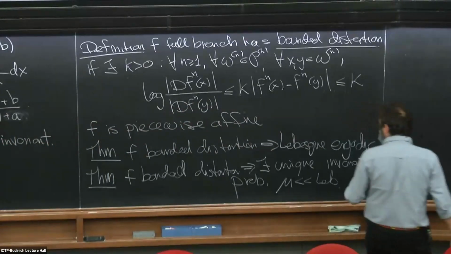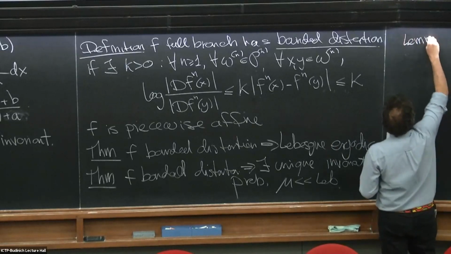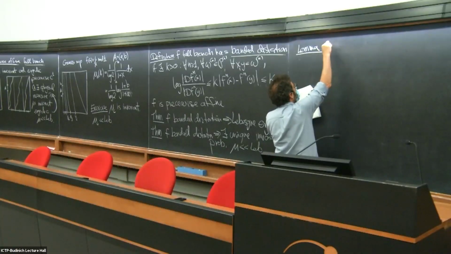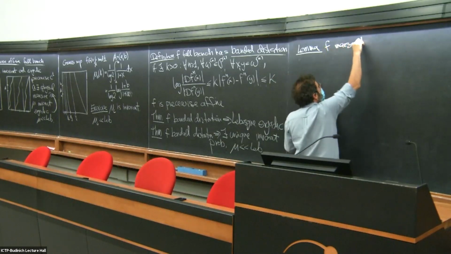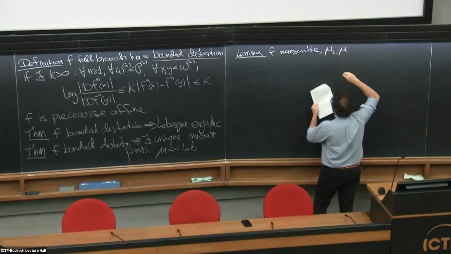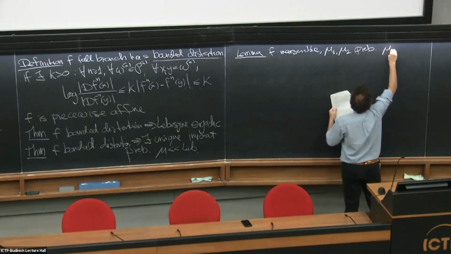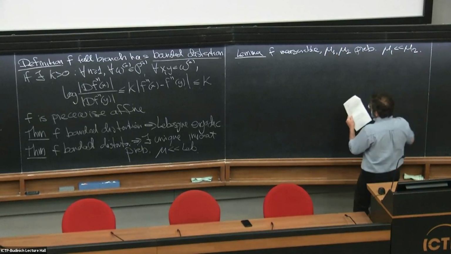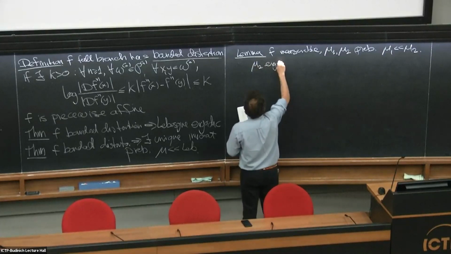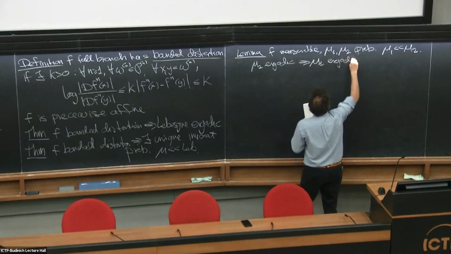What we would like is mu to be ergodic, and we have it with this simple lemma that says that, in general, if F is a measurable map and mu1, mu2 are probability measures with mu1 absolutely continuous with respect to mu2, then if mu2 is ergodic, it implies that mu1 is ergodic.